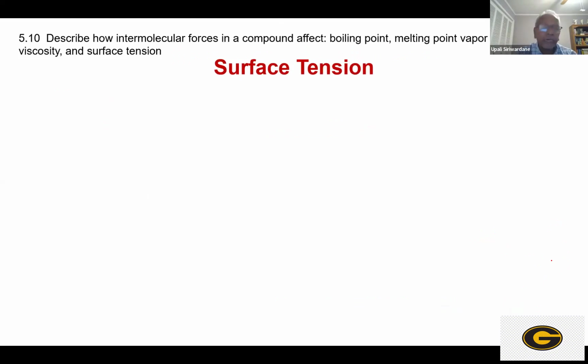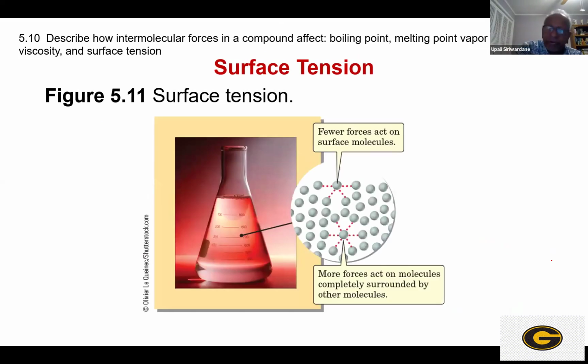Now let's look at the surface tension more. This is what I am talking about. This is the surface of a liquid. If you look at that surface, inside the liquid, a particle or molecule, a water molecule, is attracted equally.